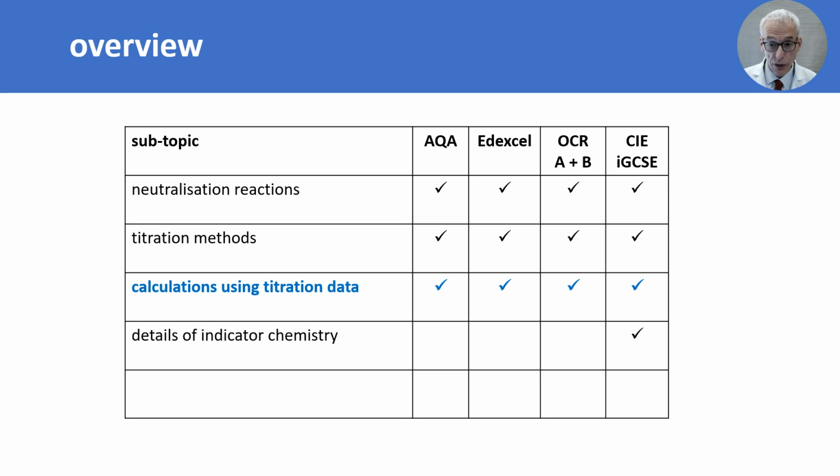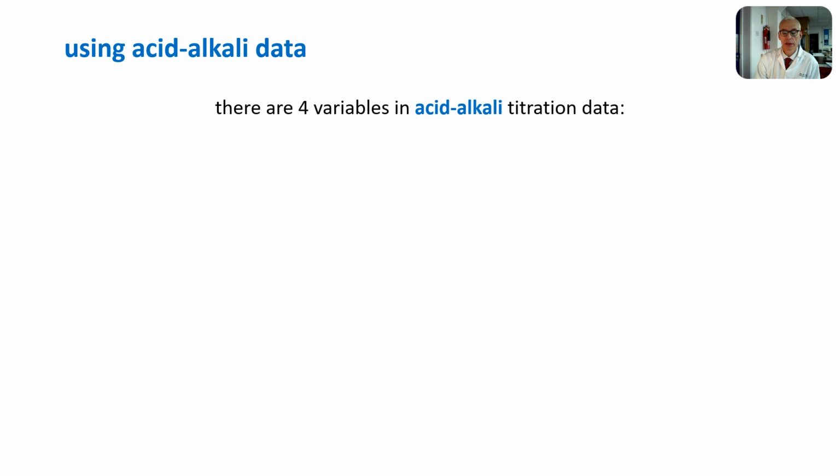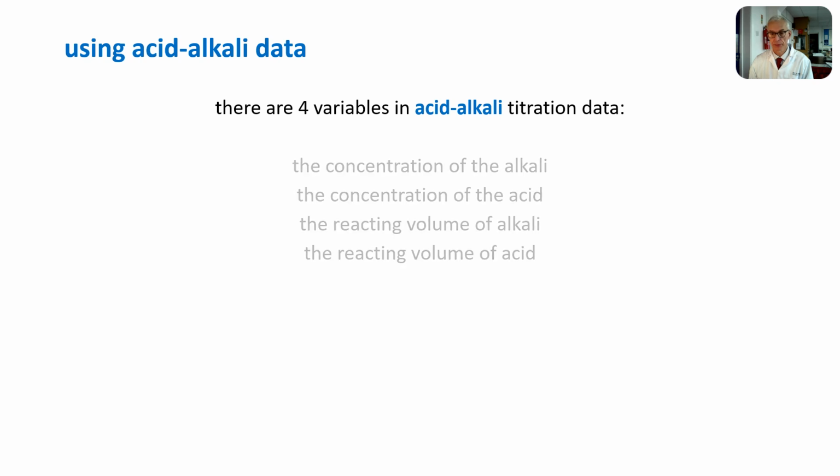So let's move on to some model calculations using titration data. Now the simplest type of titration data is an acid-alkali titration, and in those types of calculations there are 4 variables to consider, and there we've listed them.